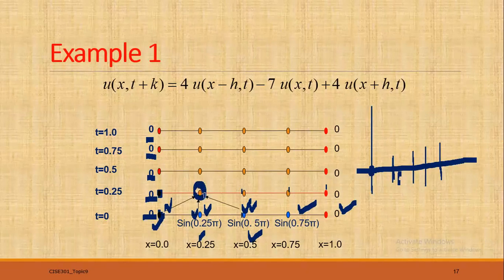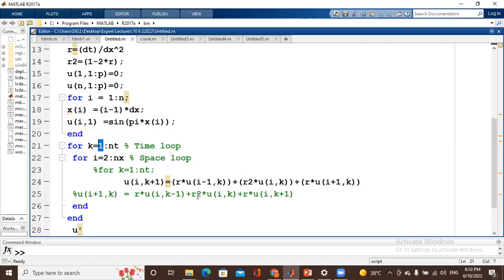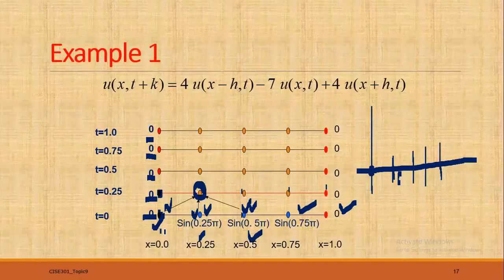And for finding u22, the requirement is, for I equal to 2, u11, u21, and u31. So if we know u11, u21, and u31, then easily we find u22.